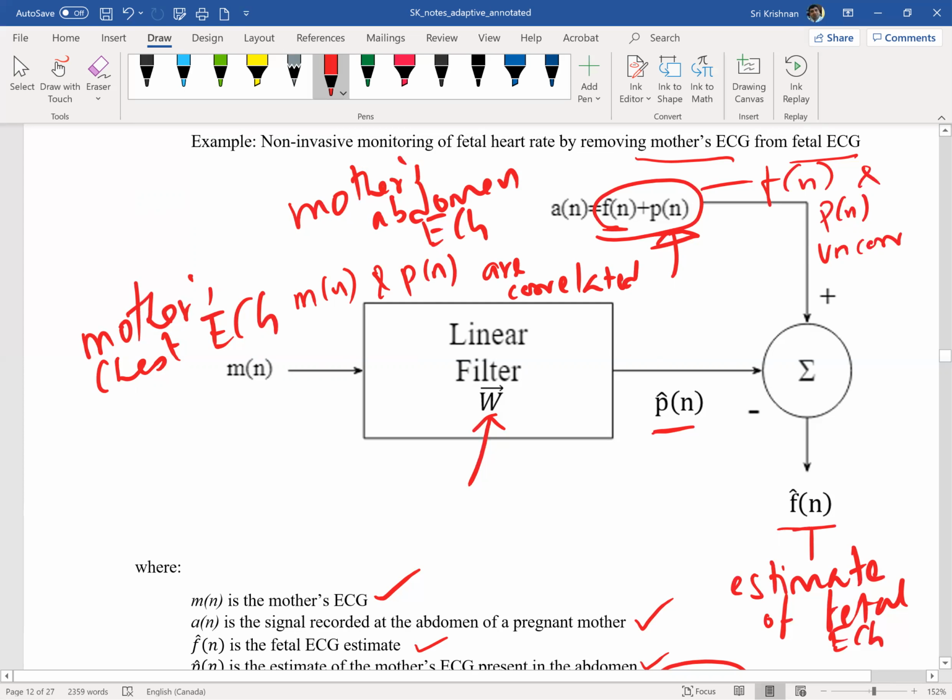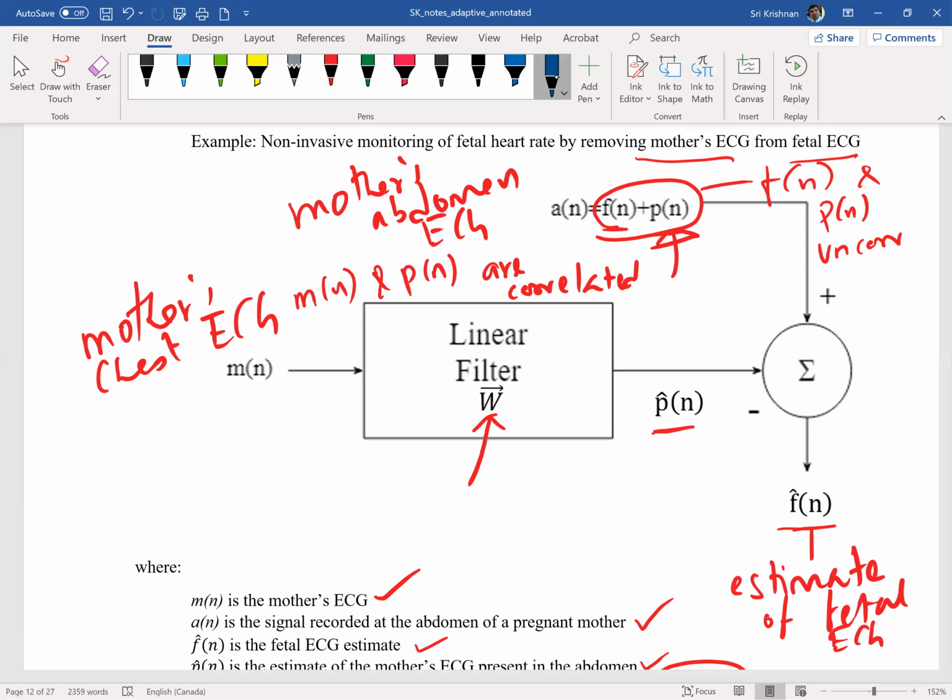Again, we don't expect a 100% correlation between Mn and Pn, because by the time we sense the ECG at the mother's abdomen, the signal amplitude gets attenuated, and there would also be a slight delay between the real heartbeat and the point when we detect it at the abdomen. Nevertheless, when you do the cross correlation between Mn and Pn, you will typically get a higher value. So those are the assumptions.